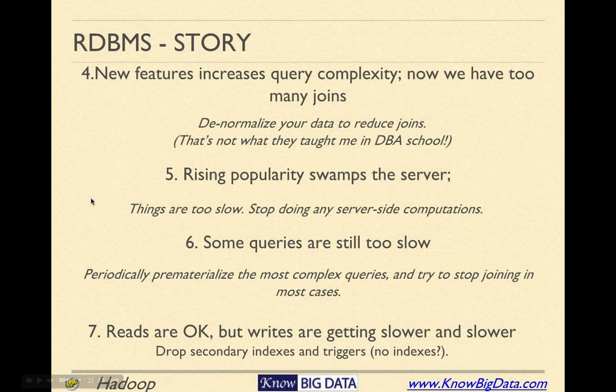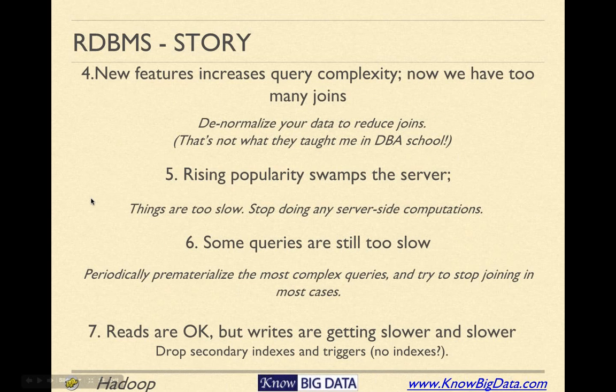Now every time a request comes from the user for a page, there will be many joins happening, right? There will be too many joins, and at this point, if you are from a DBA background, you will hate this part. You might have to denormalize.